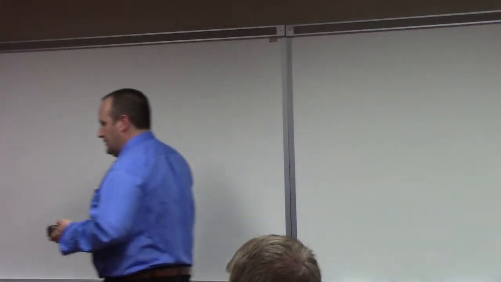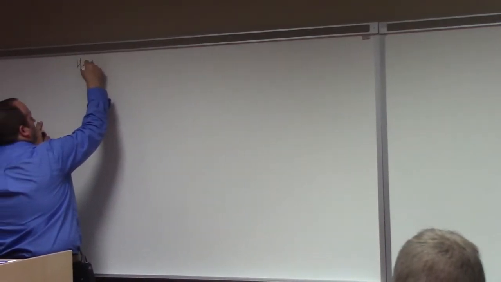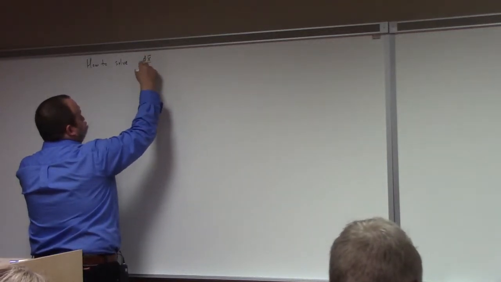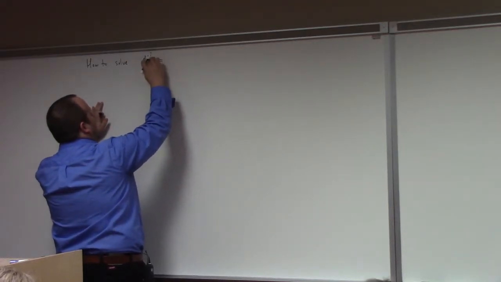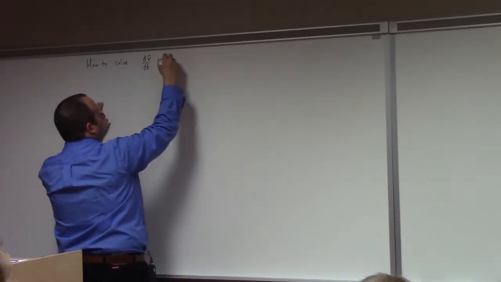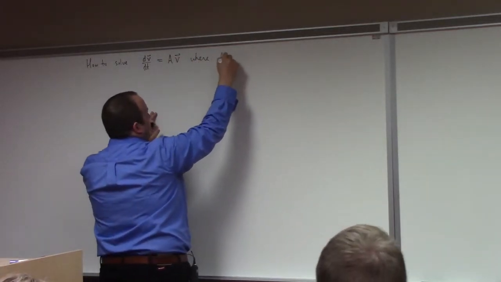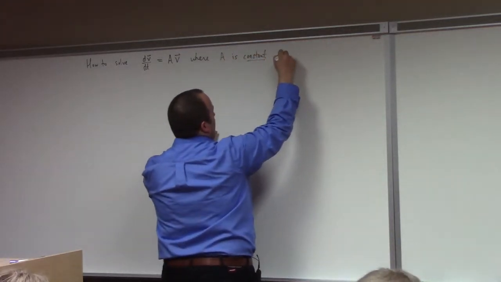All right, so I started to tell you guys what systems of differential equations look like last time, right? So today we're going to talk about how to solve dv/dt equals A times v, where A is a constant n by n matrix.